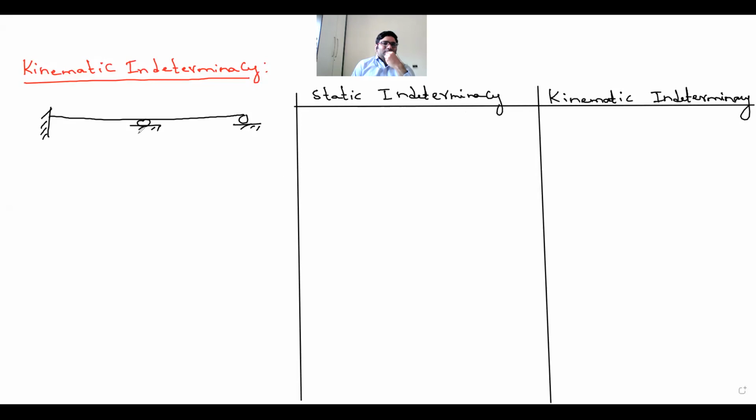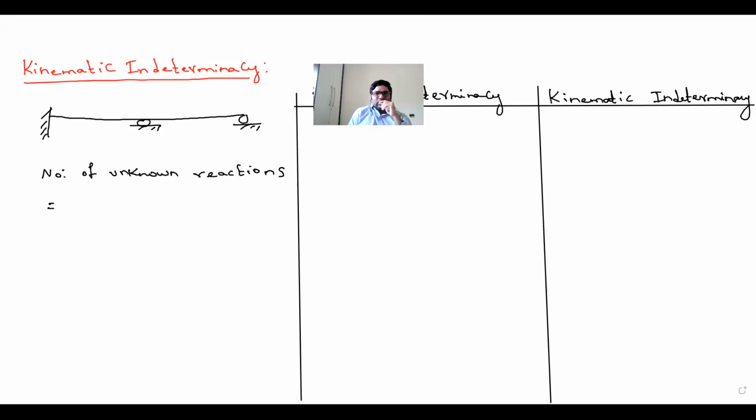So if you can see now, first let us write the number of unknown reactions. Number of unknown reactions is equal to, for fixed, how many? 3.